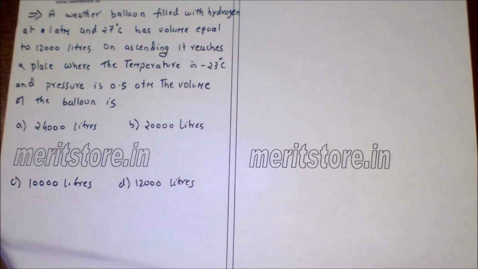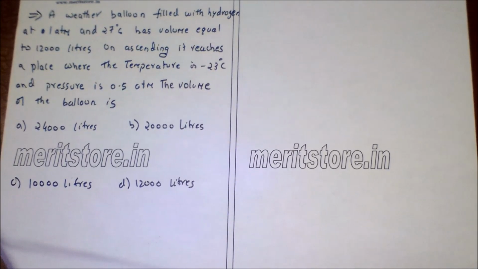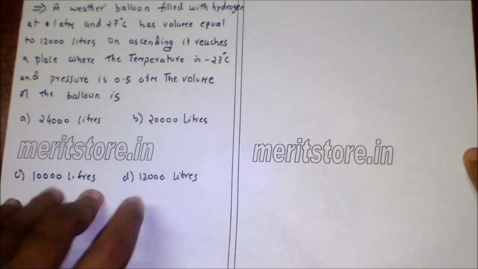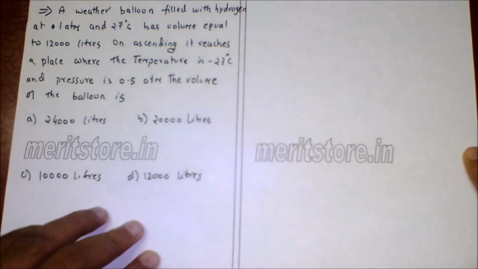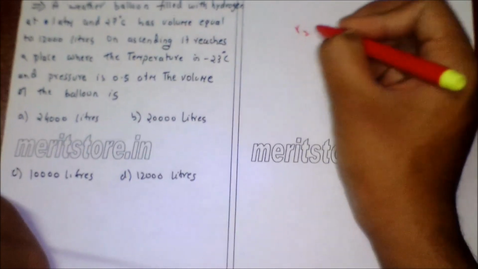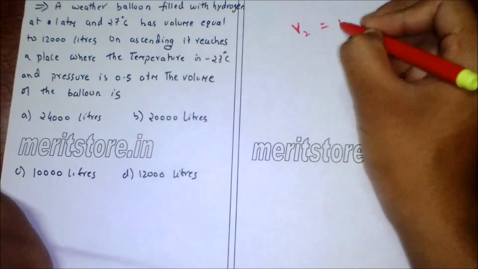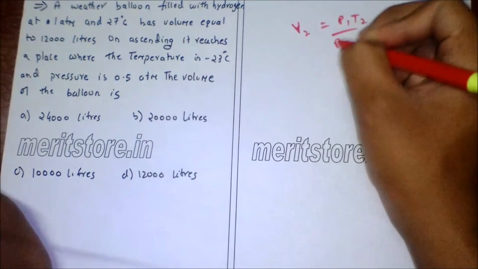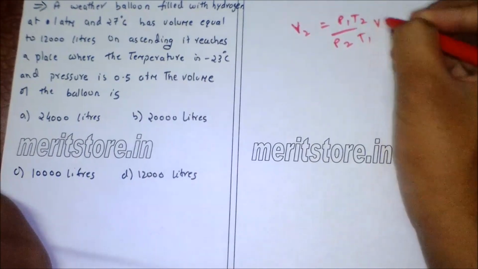A weather balloon filled with hydrogen at 1 atmosphere and 27 degrees has volume equal to 12,000 liters. On ascending, it reaches a place where the temperature is minus 23 degrees Celsius and pressure is 0.5 atmosphere. So the volume of balloon is? So we know that V2, that is volume, is equal to P1 T2 upon P2 T1 into V1.